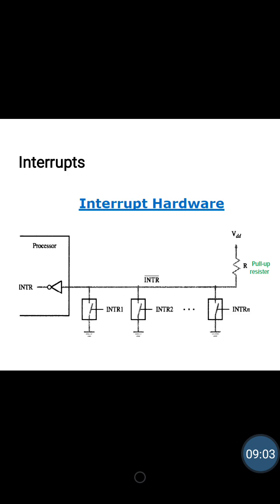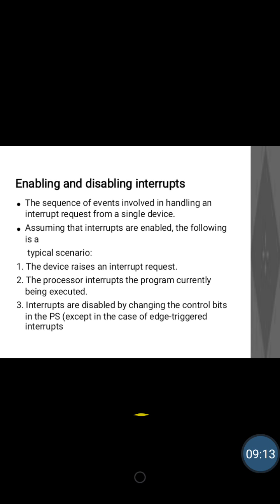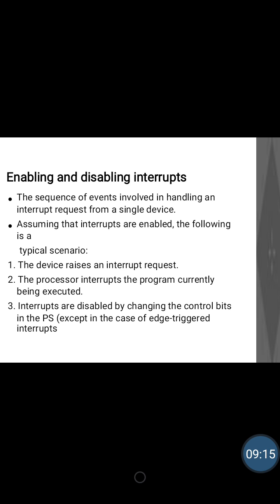Now, handling, enabling and disabling the interrupts. Let's look at the scenario. What happens when interrupts are enabled? The device will raise an interrupt request. If interrupts are enabled, the device will send an interrupt request.